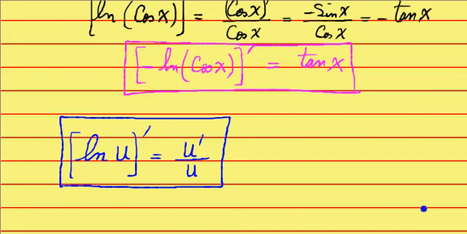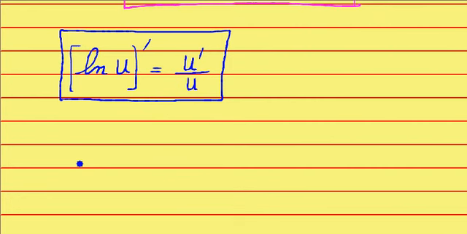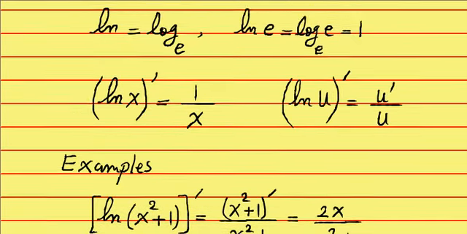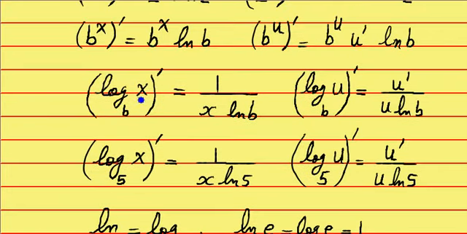Next formula we want to practice is, what if my logarithm was in a base other than the base e? You remember, if a base is something other than e, then the logarithm of that base comes in the denominator.